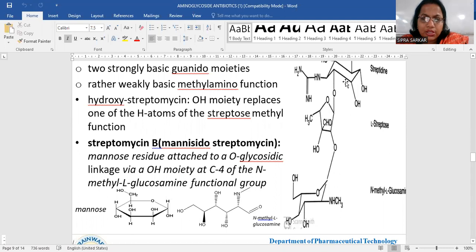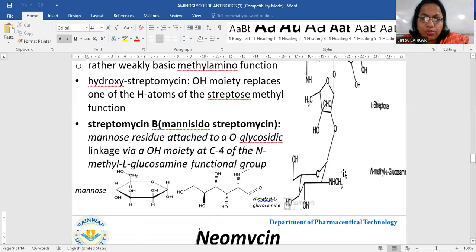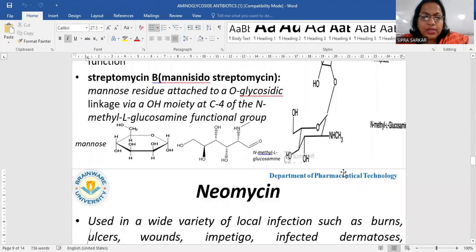If we number this 1, 2, 3, 4, it is C4 of the N-methyl-L-glucosamine functional group, that may act in a different way. So you can see the mannose residue attached through the orthoglycosidic linkage via the OH moiety at C4 of the N-methyl glucosamine functional group.